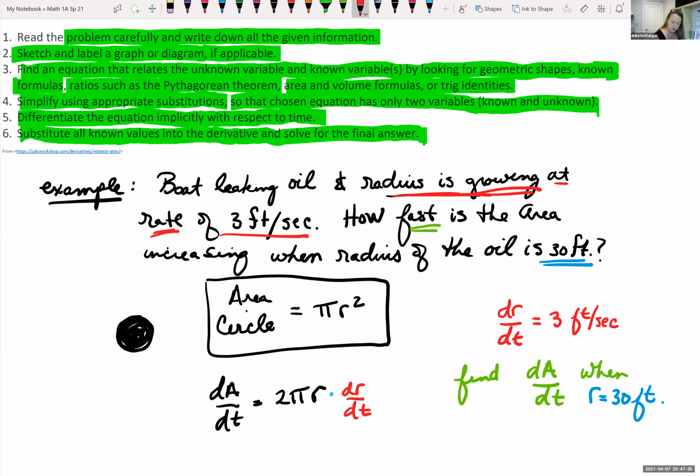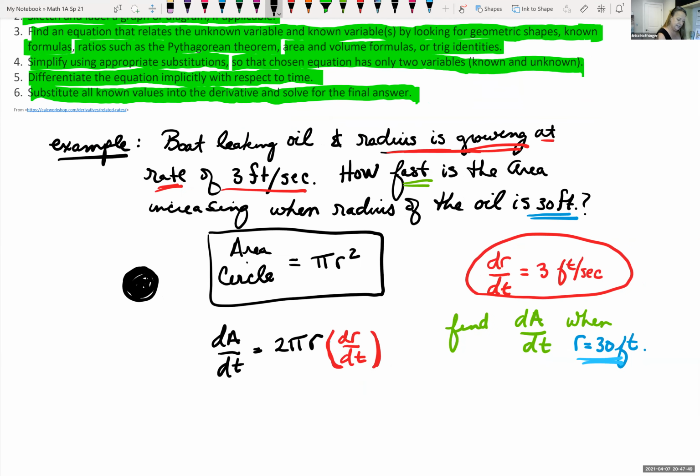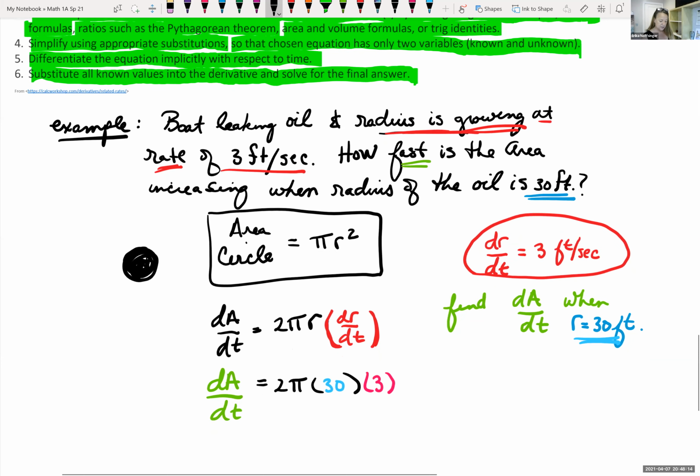So now we're going to go back in here and substitute in what we know. We know what dr/dt is at that time at 30 feet. So dA/dt is equal to 2 times pi times r, which is 30, all times the rate of change of r, which is 3. So 2 times 30 is 60, 60 times 3, that's 180.